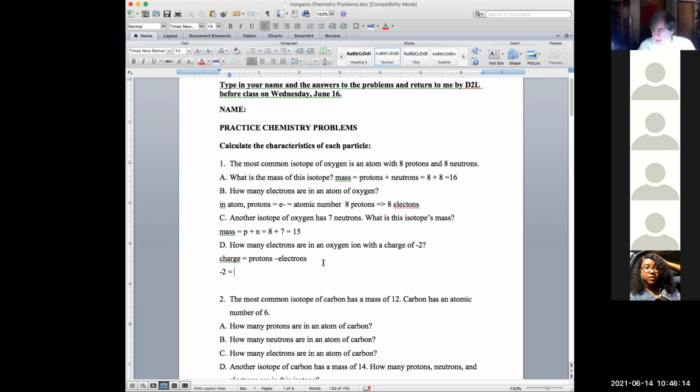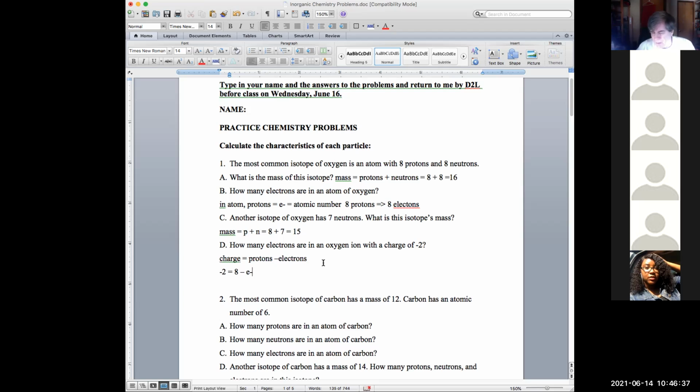Now notice it doesn't say anything about protons, but remember what we said just a minute ago for question C. Once we know that there's 8 protons in oxygen, there's always 8 protons. So we have -2 equals 8, and then we have to subtract the number of electrons.